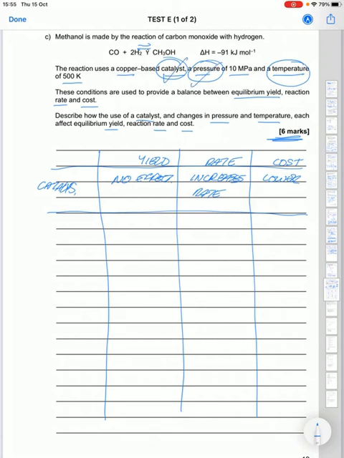Let's have a look at the pressure. So I've got 3 moles of gas on the left, 1 mole on the right. So to get a high yield, I need a high pressure, because obviously equilibrium shifts to the side with fewer moles of gas.